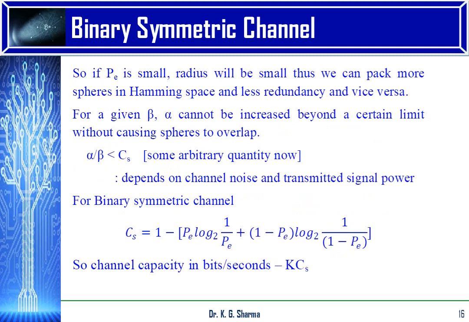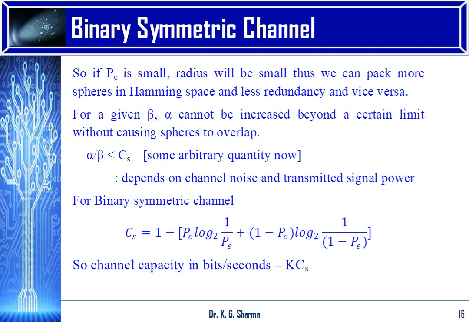If PE is small, radius of the spheres will be small. Then we can have more spheres in Hamming space and less redundancy. For a given value of beta, alpha cannot be increased beyond a certain limit without causing spheres to overlap.